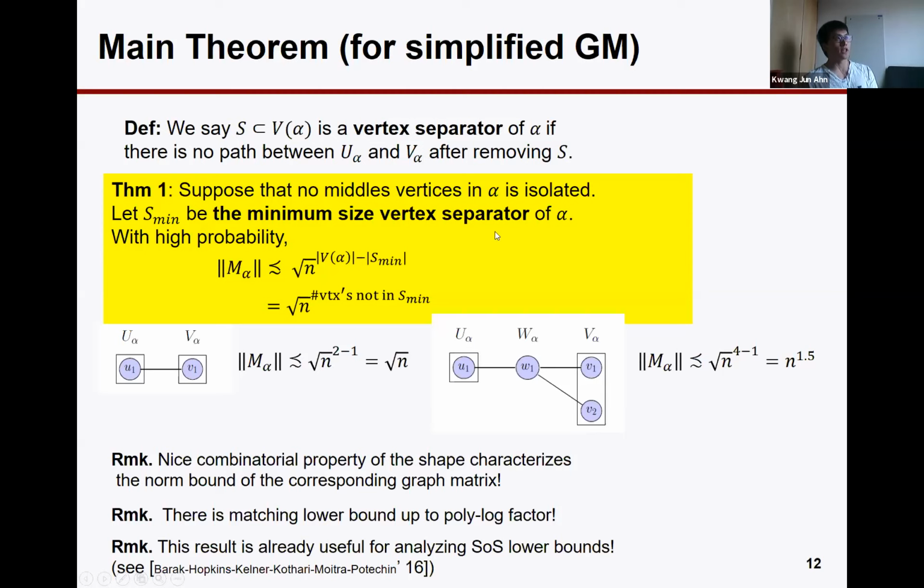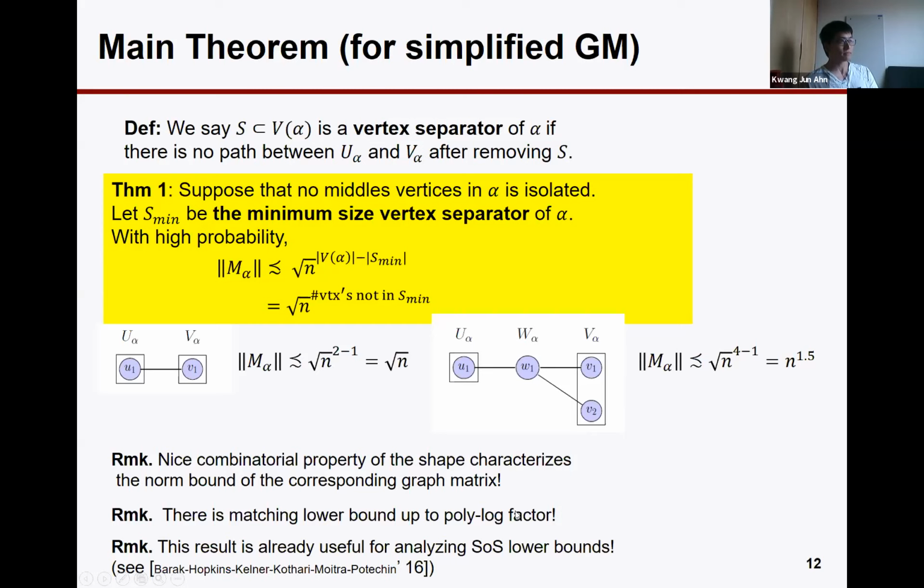And this result is interestingly already very useful for analyzing sum of squares lower bounds. There are really powerful algorithms called sum of squares algorithms, and there have been a lot of works trying to prove lower bounds on them. That's just background information. It turns out this is already very useful for the technical part, the proof part, of this famous paper on SOS lower bounds.